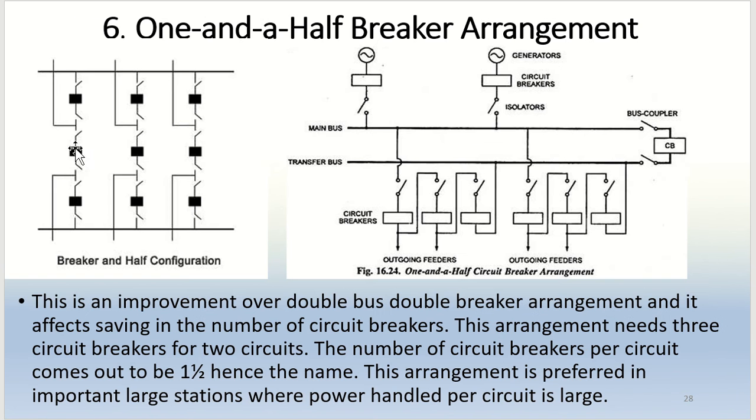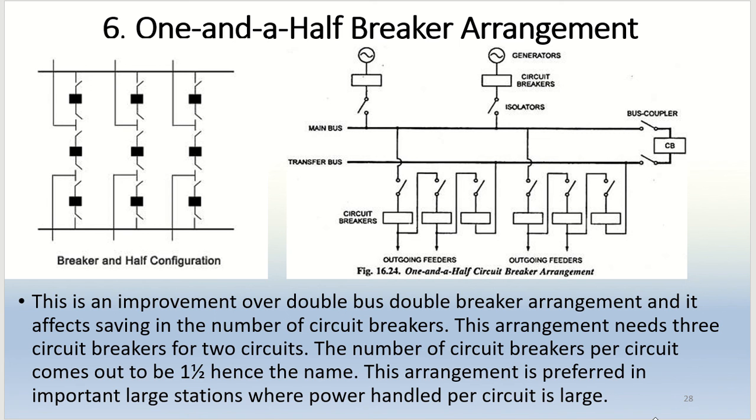The next arrangement is the 1.5 breaker arrangement. In this arrangement, you can see that there are two busbars, bus 1 and bus 2, and three breakers are required. In effect, the central breaker is used by both the busbars, and therefore it is named the 1.5 breaker arrangement.